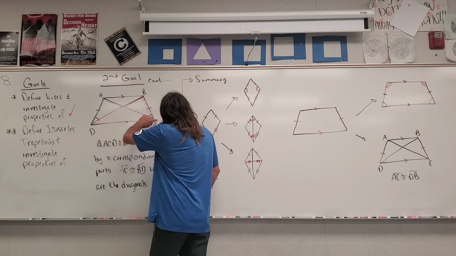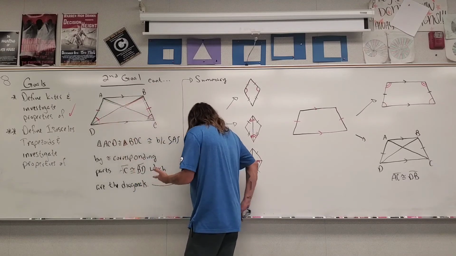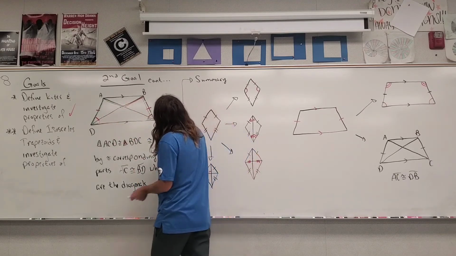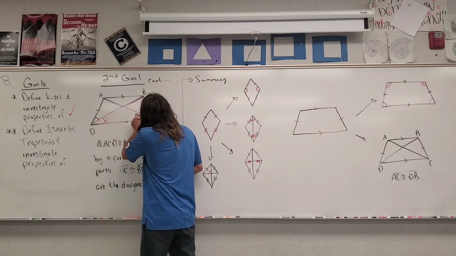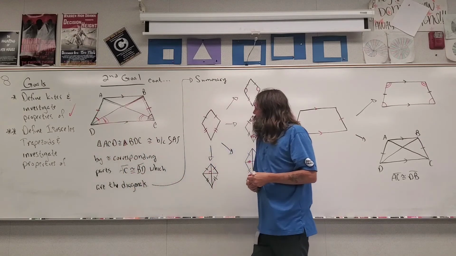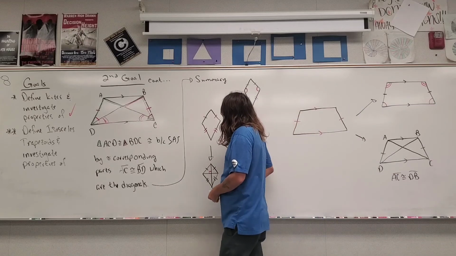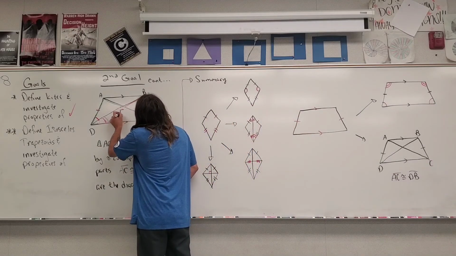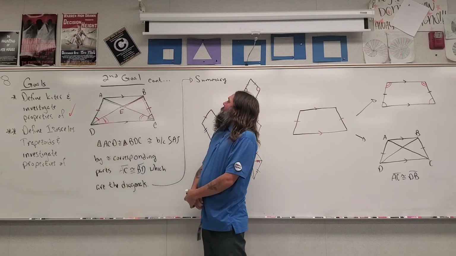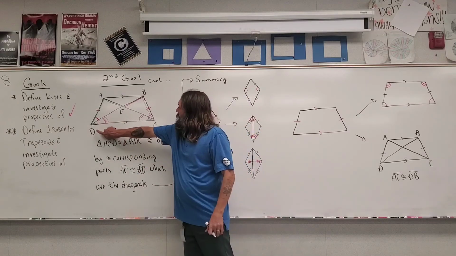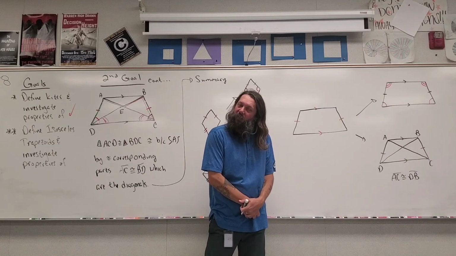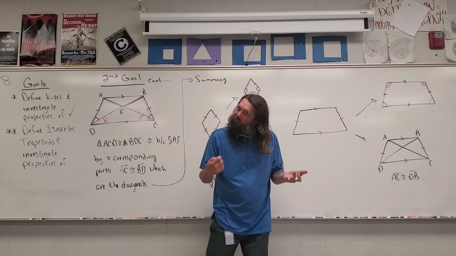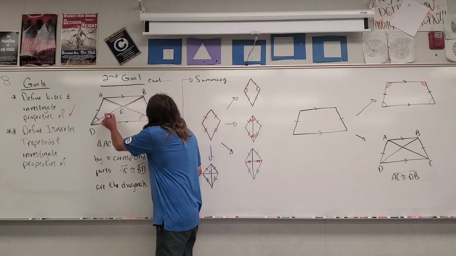Since this triangle is congruent to this triangle, we actually get this small angle right here being congruent to this small angle right there because of congruent corresponding parts. And if I was to call that point E, I would actually have a little triangle DEC that has congruent base angles, which means that since I have congruent base angles, it must be isosceles.